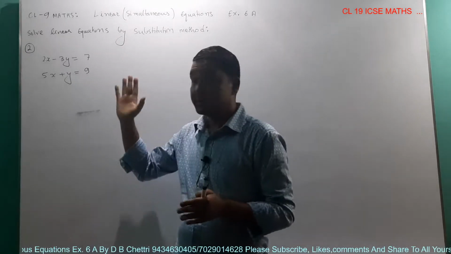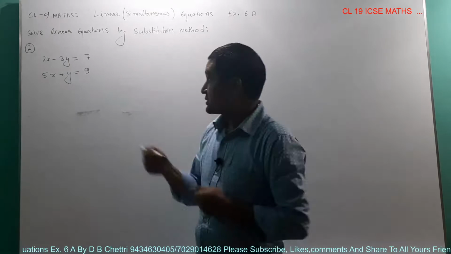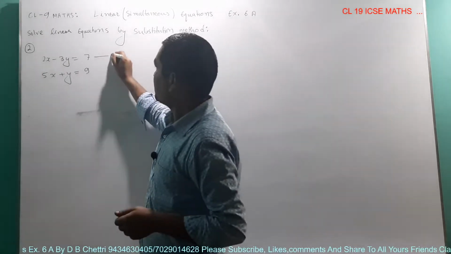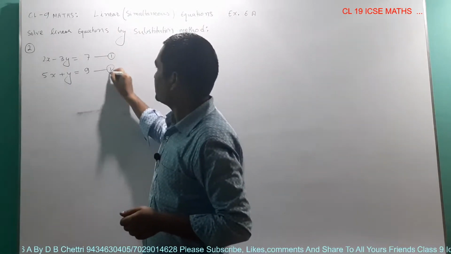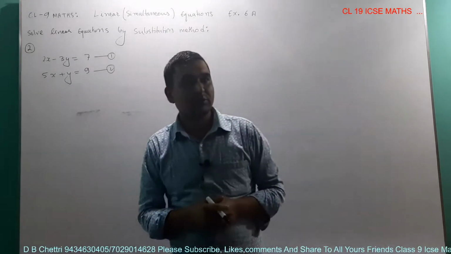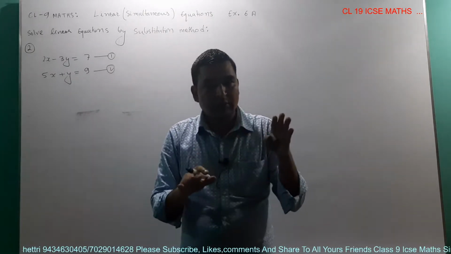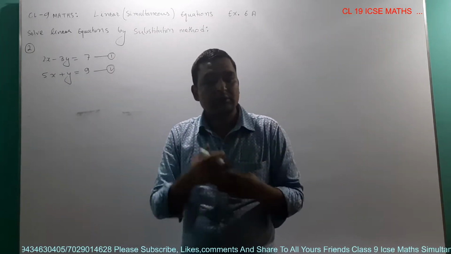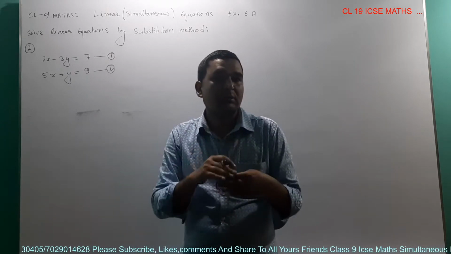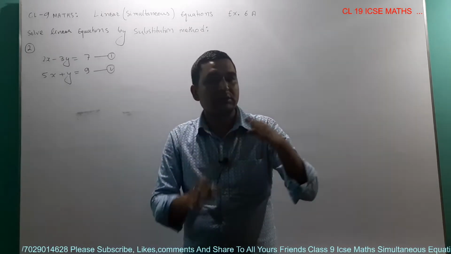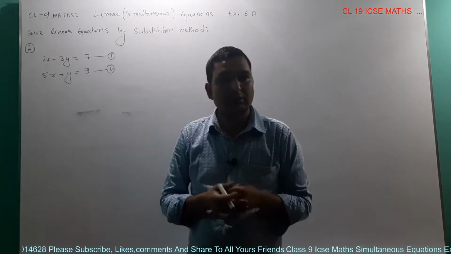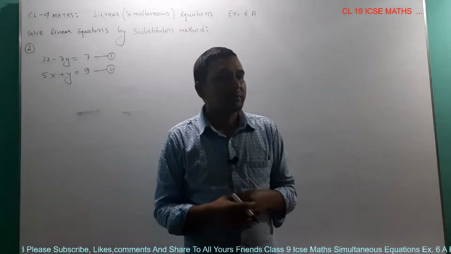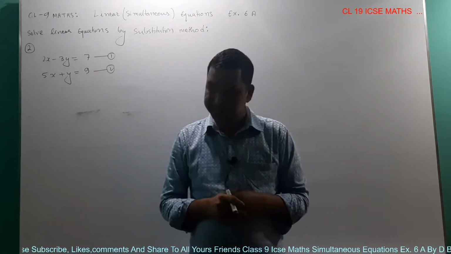They will always provide two equations, suppose this is equation 1 and this is equation 2. If there are two variables, they will give us two equations to solve. If there is one variable, one equation to solve. If there are three variables, three equations to solve. We will learn three-variable equations from class 11 onwards.